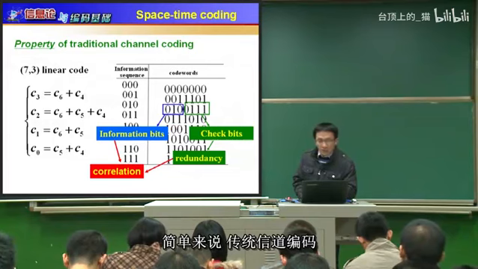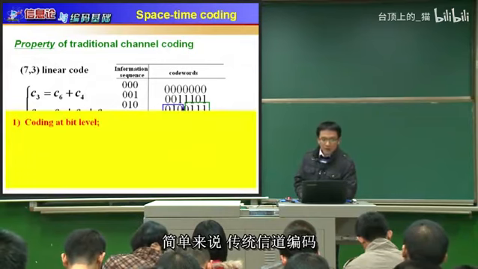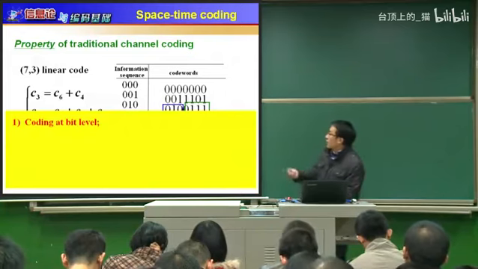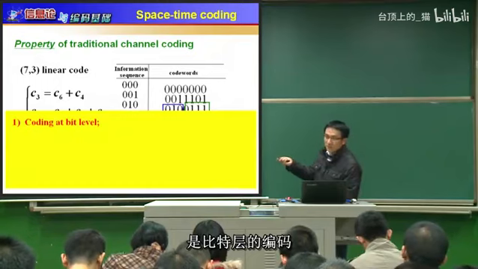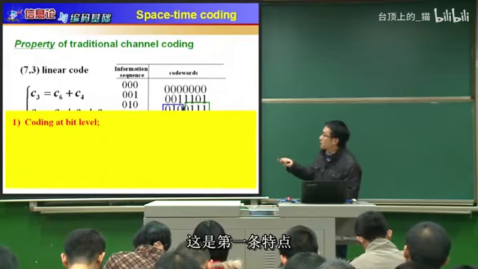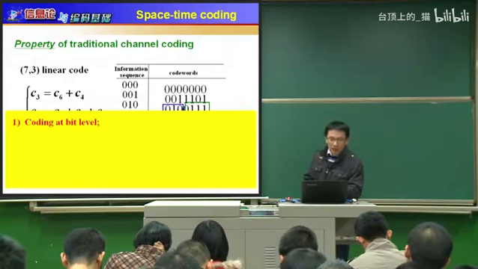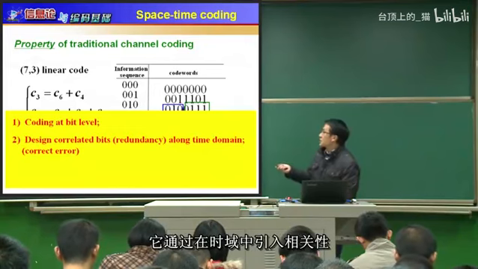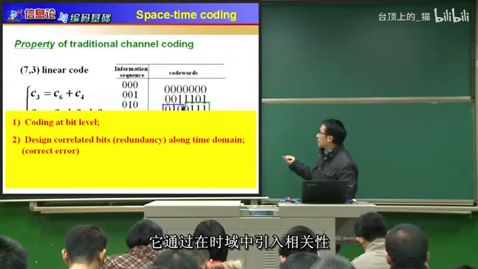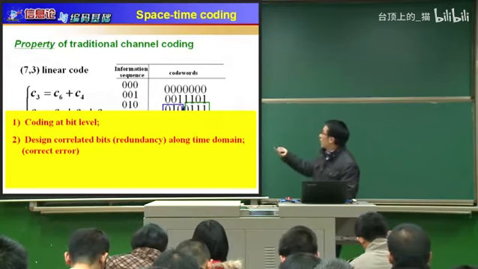So, briefly to say, the traditional channel coding is to make a code at a bit level. Okay? The first property. And the second property, it is to design correlated bits along the time domain.